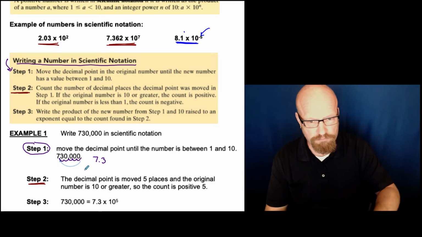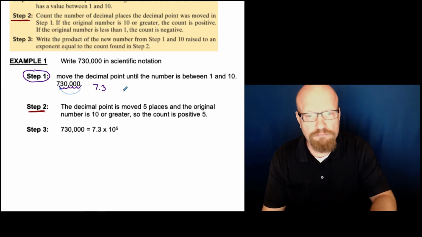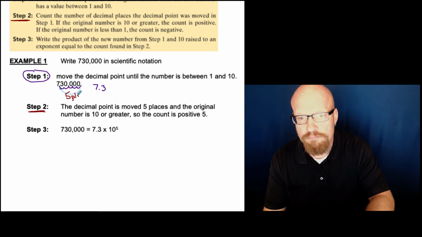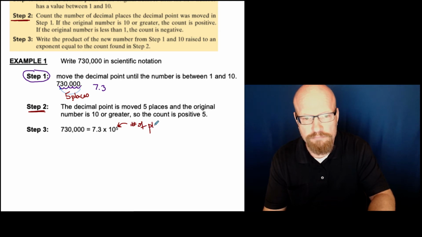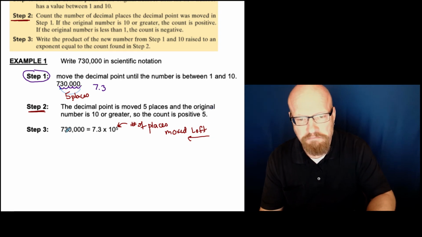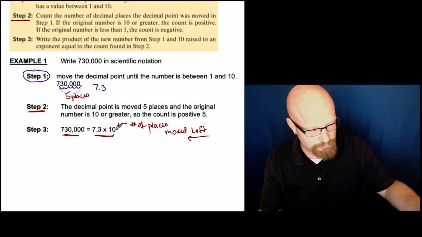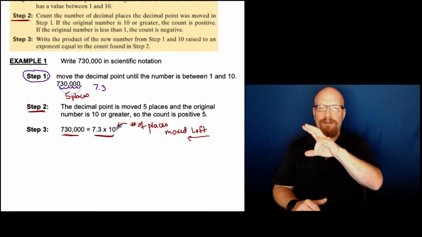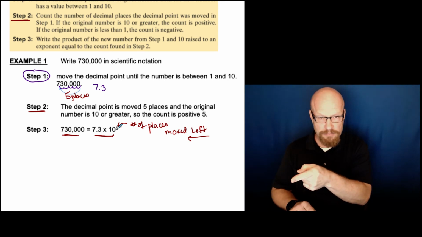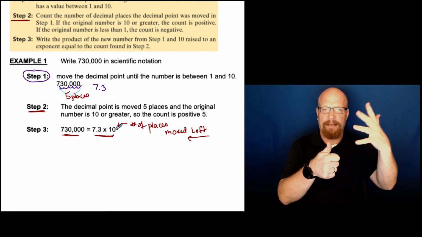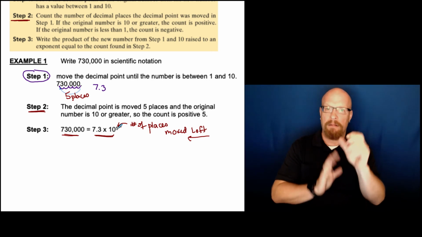For example, these numbers are equivalent. 730,000 is equivalent to 7.3 times 10 to the 5th power. Now we have some examples to work on next.